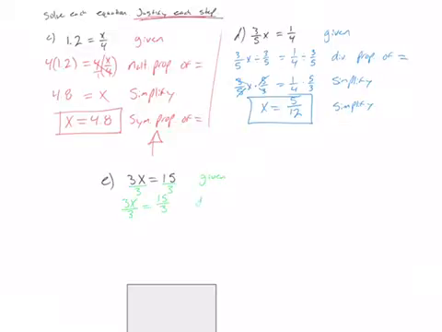And this is the division property of equality again. And then this 3 divided by 3 changes into a 1, giving me x. And 15 divided by 3 is 5. So I'm going to say simplify. And there's another example of a division property. So it's kind of a couple different ways to use that division property of equality.